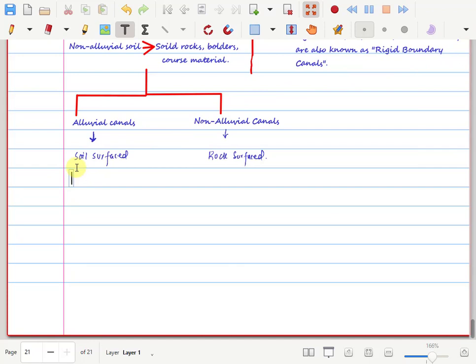For alluvial canals, we can say that they pass through alluvial soil strata.